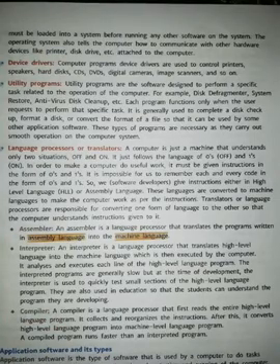Here we see some other software related to the operating system: device drivers, utility programs, and language processors or translators. So these are the parts of system software.